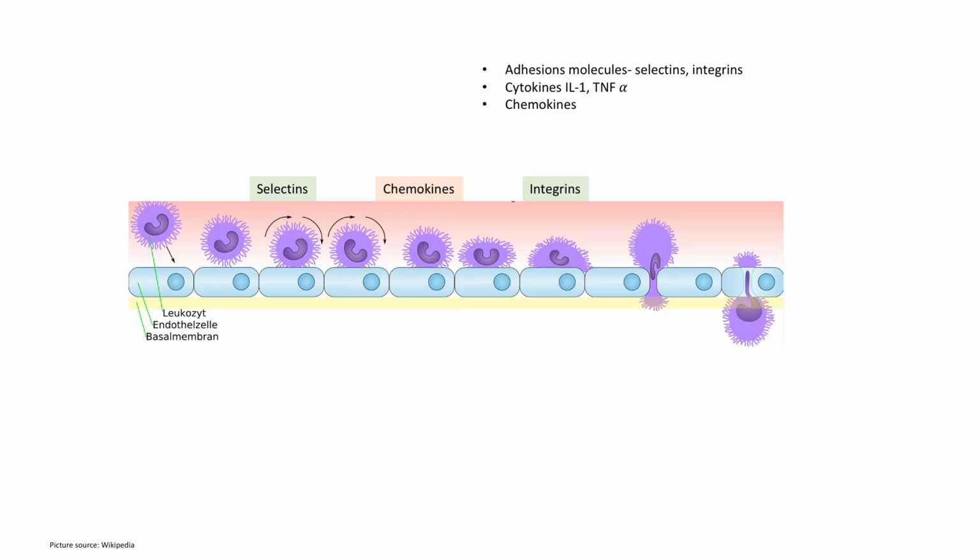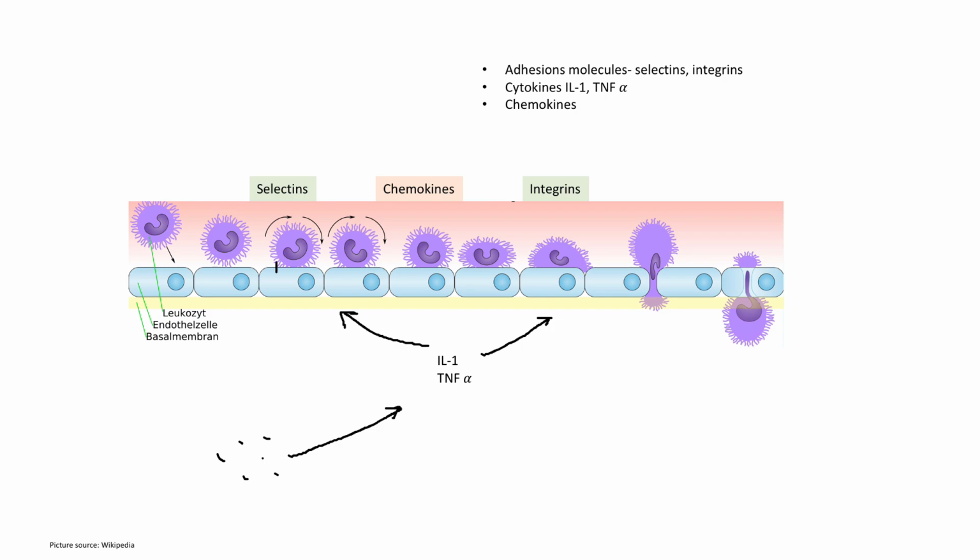Now suppose there is a source of inflammation here, like the presence of bacteria. So cells that detect these signals secrete cytokines like IL-1 and TNF-alpha. These cytokines then increase expression of adhesion molecules on the endothelial surface.